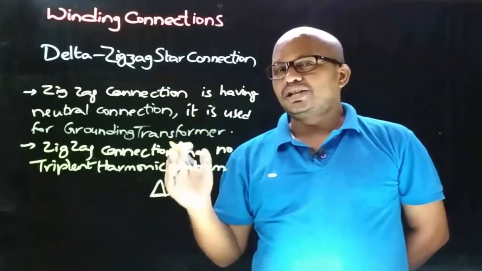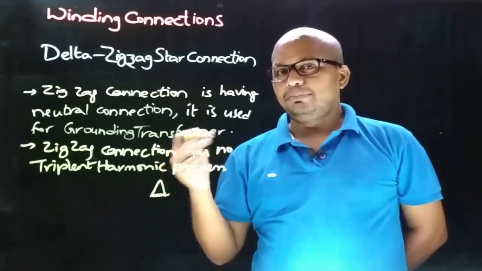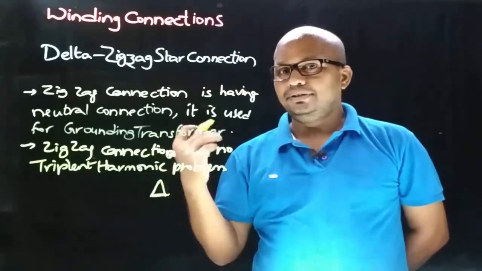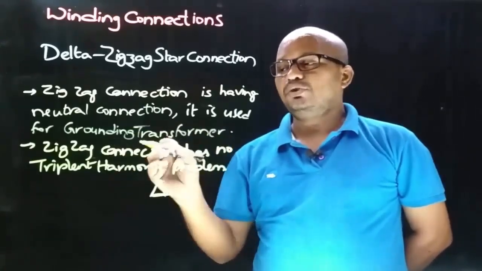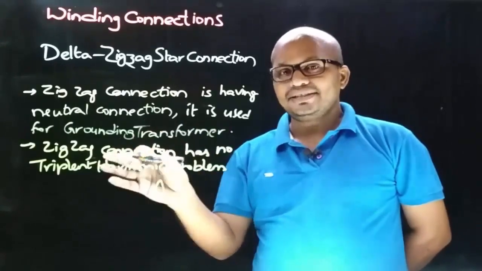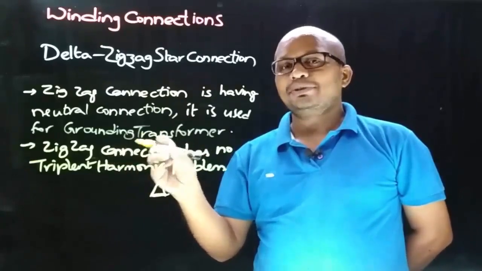So in star and delta connections, by providing paths, we avoid the triplen harmonics. Coming to zigzag connection, there is no triplen harmonics problem, because the windings are connected in such a way that the triplen harmonics become 0.